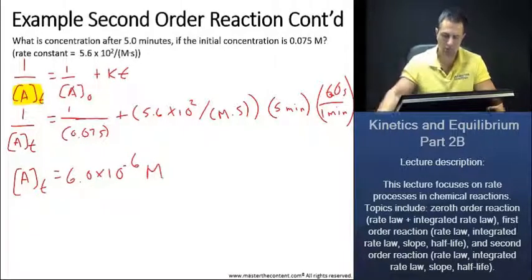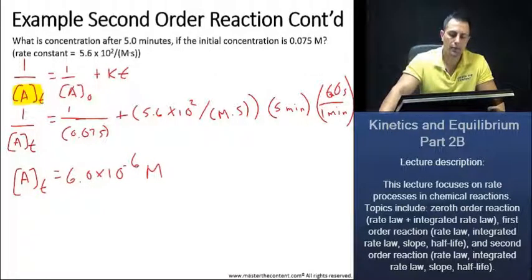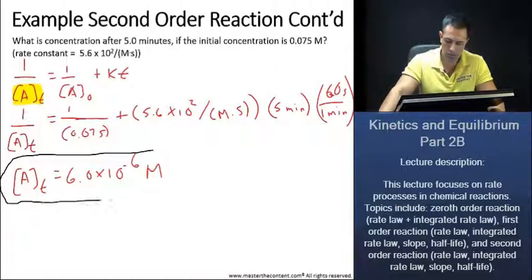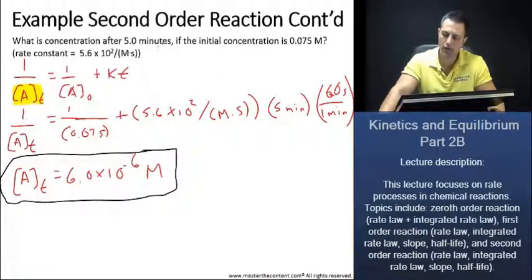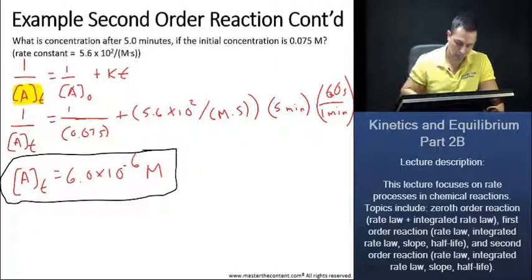And that there is the molarity. So great. Then the answer is telling us that the concentration after 5 minutes is going to be 6.0 times 10 to the power of negative 6. Okay, great. Let's actually move now to our next slide and do the next example.